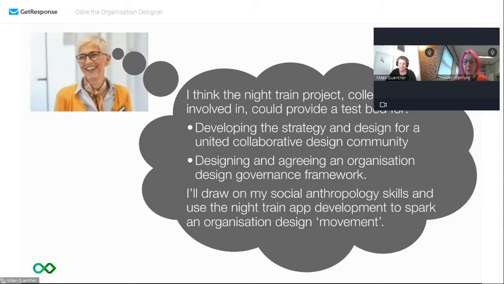So she's thinking she could rescue it, not in a kind of rescue way, but revive it and use it as a test bed. Now, this is a very good method for organization design work to have test beds and prototypes and experiments. I strongly advise against going for a business transformation, but I know I'm talking against the tide here.